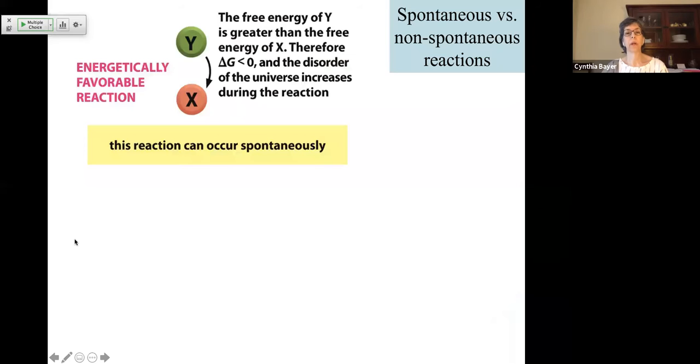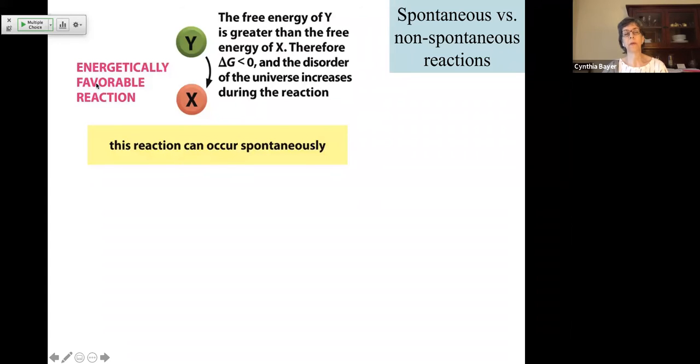Here we have an example of molecule Y being converted to molecule X, and we're saying Y has more energy. And when we talk about the free energy of a molecule, we're really thinking about the chemical energy, which is potential energy, the chemical energy in its chemical bonds, right? The electrons that are holding together those atoms. So in this case, this is an energetically favorable reaction because the conversion of Y to X will increase the disorder of the universe.